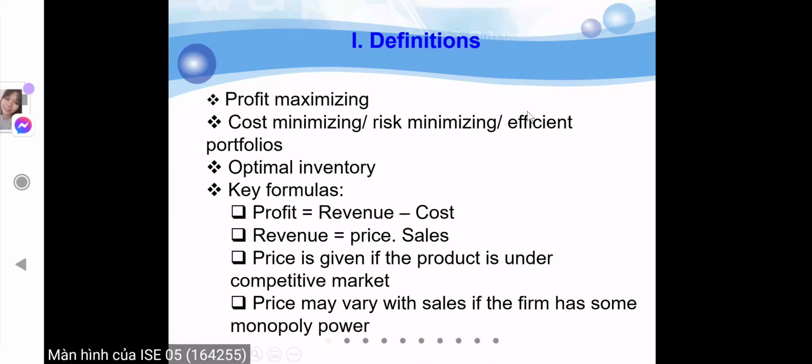You know that profit always equals revenue minus cost, and revenue equals price multiplied by quantity, and price is given for products under a competitive market.